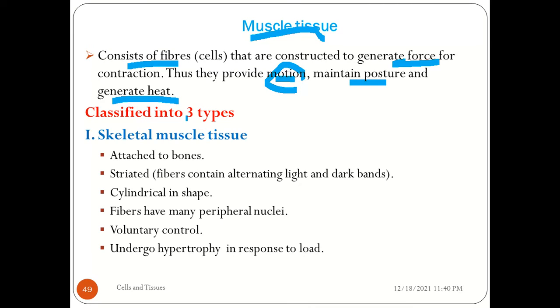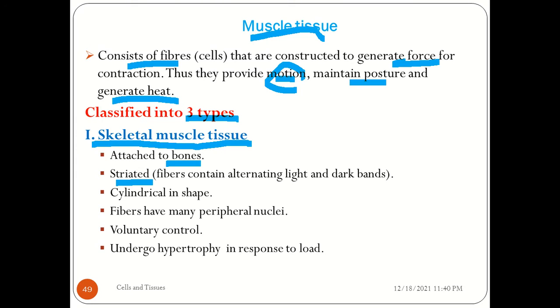Muscle tissues can be classified into three types: skeletal muscle tissue, smooth muscle tissue, and cardiac muscle tissue. Skeletal muscle is known to attach from one bone to another bone. Its fibers are striated, containing alternating light and dark bands.